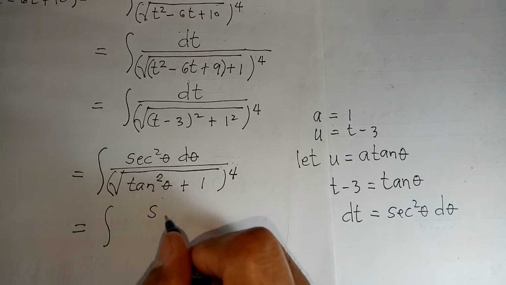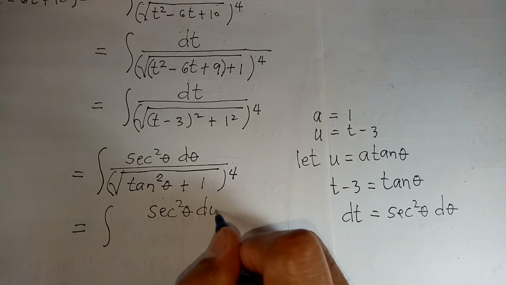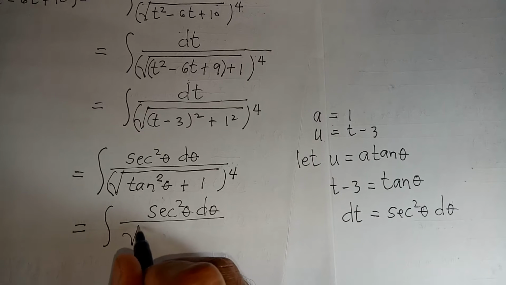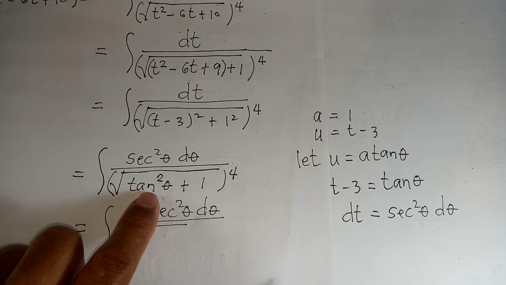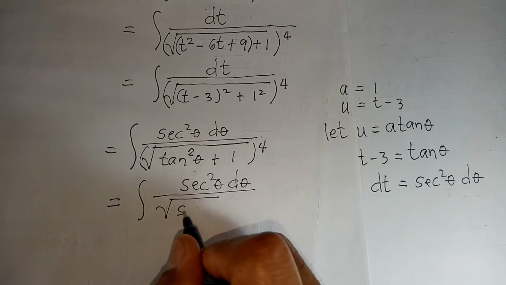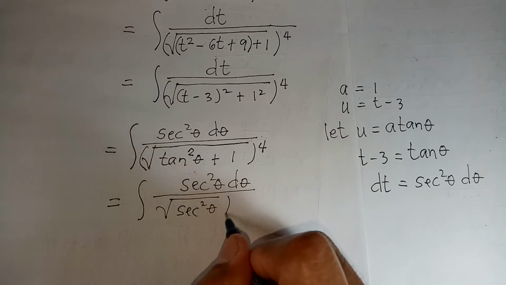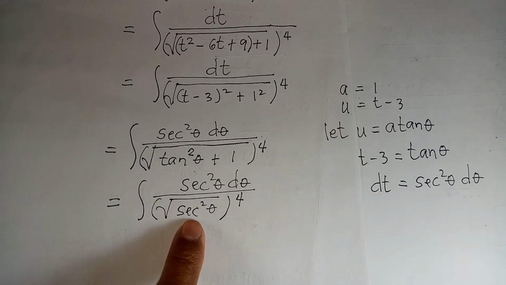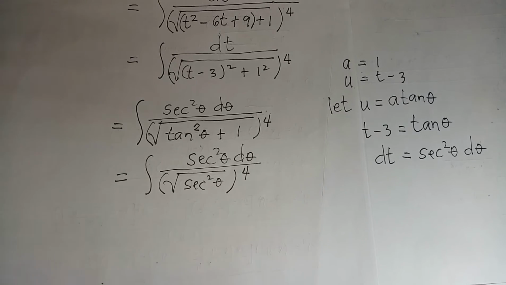So, meron tayong secant squared of theta d theta divided by square root of secant squared of theta, tapos raised to 4. So, square root of secant squared theta equals secant theta.